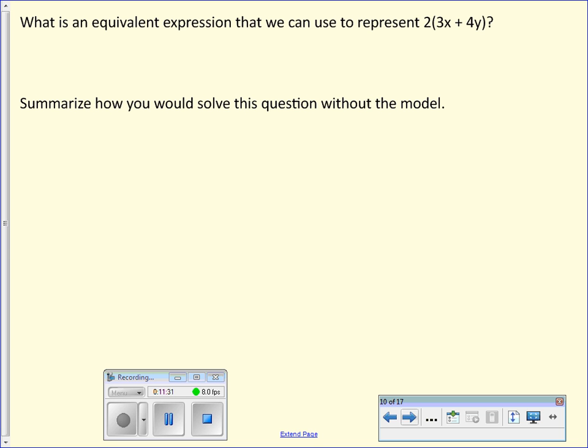So what's an equivalent expression that we can use? So 2 groups of 3x. How many x's did we have? 6 x's. And if we had 2 groups of 4y, how many y's did we have? 8 y's. So that is your equivalent expression.